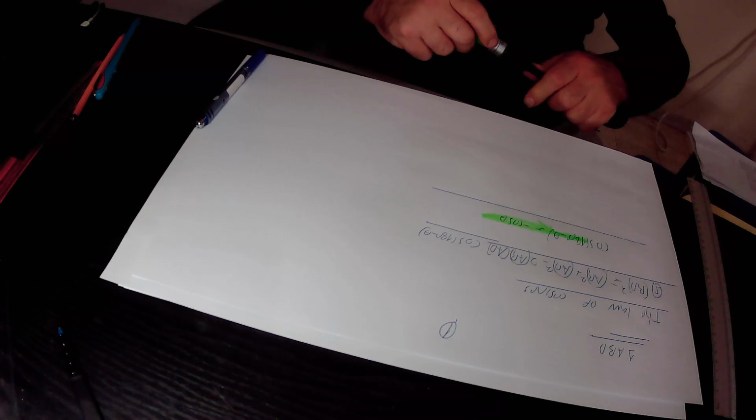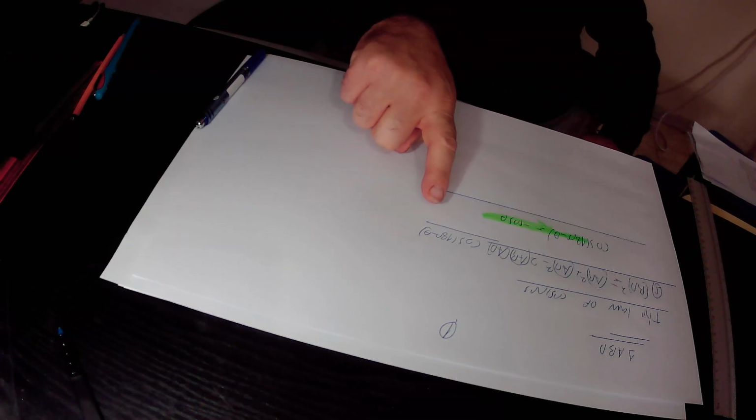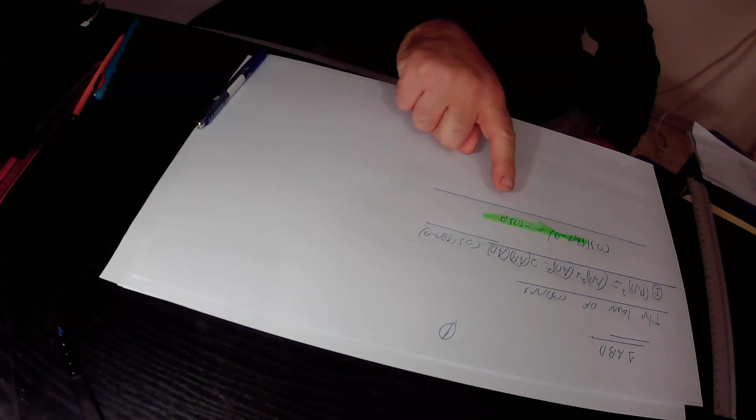Therefore, we substitute cosine of 180 degrees minus theta in equation 1 by minus cosine theta.